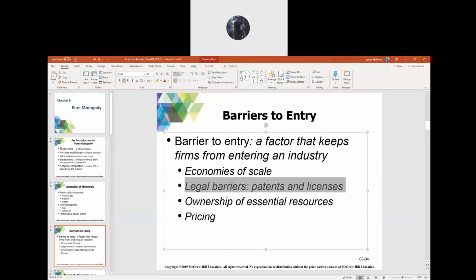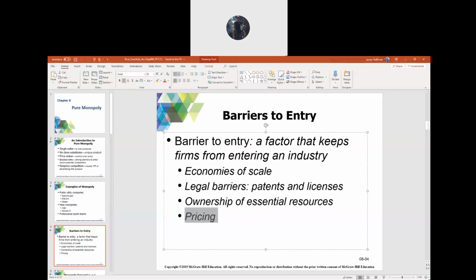A lot of times you'll get a patent for some kind of new drug or pharmaceutical, and you'll have the monopoly rights to sell that patented drug until the monopoly rights run out. Maybe you have all the oil or gasoline in the area, and therefore you can sell it all because you have it all, or some kind of pricing scenario.